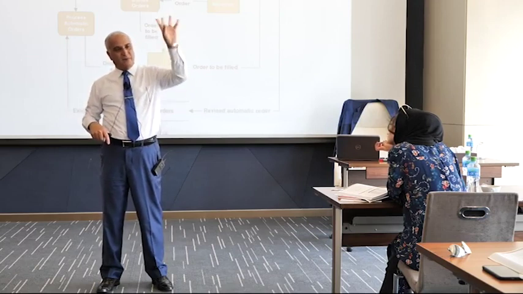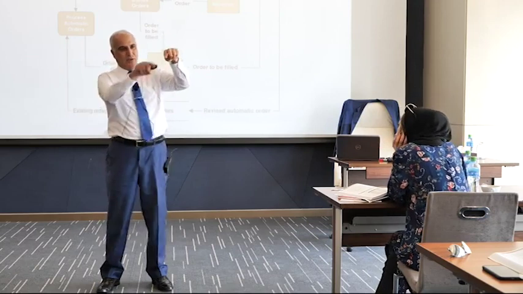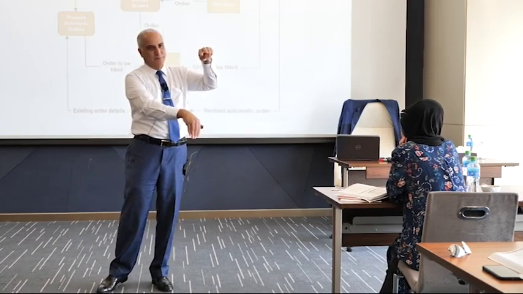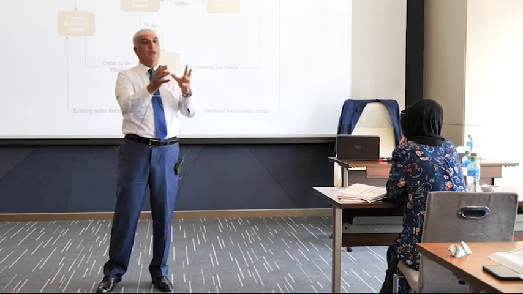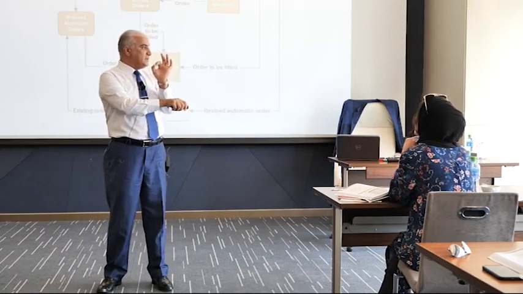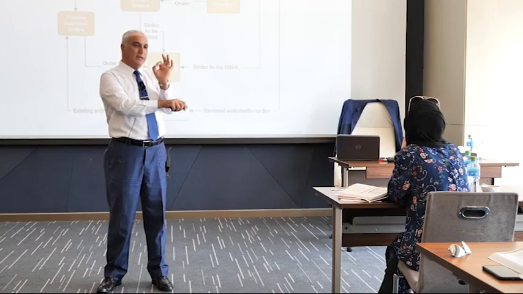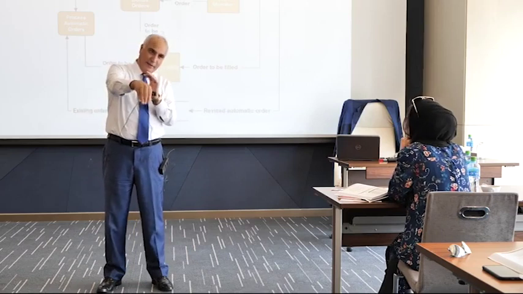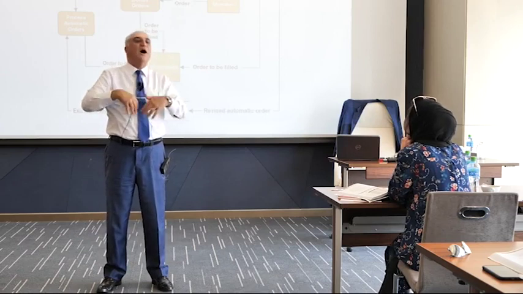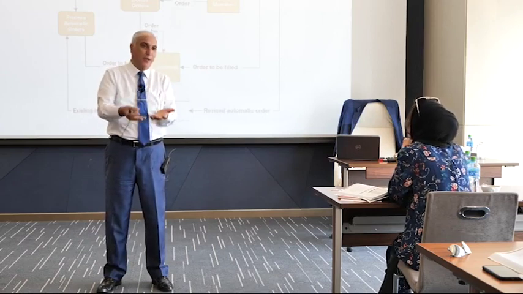Now I have this process, the two numbers, I need to store them. So I will store them where? In a file. Now that means a process, which is the core, this is a process, data has to flow into the process. So they have to come in from where? From somewhere.